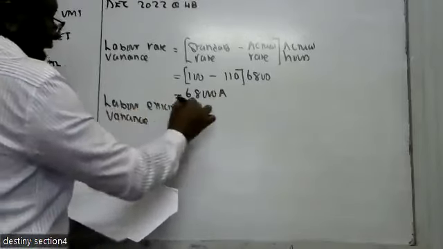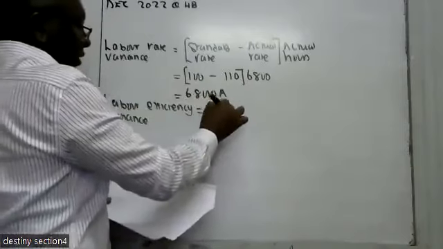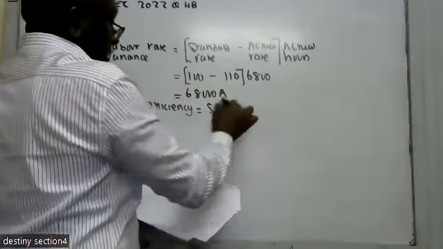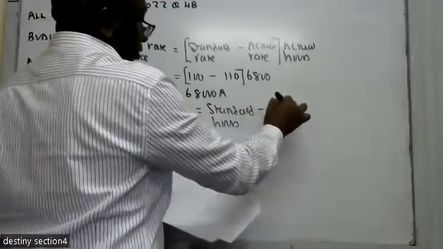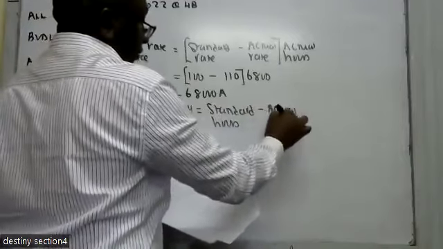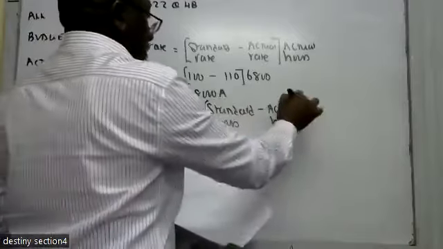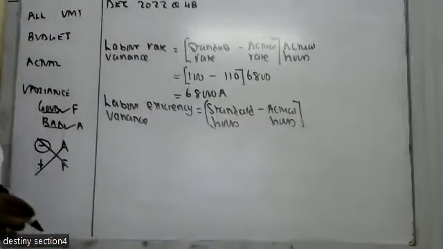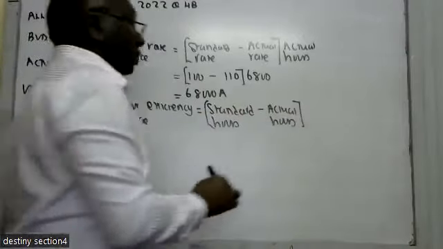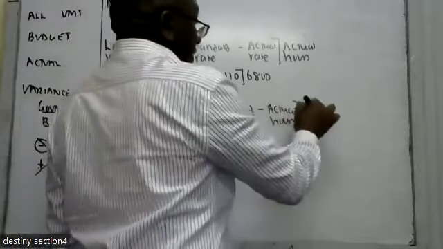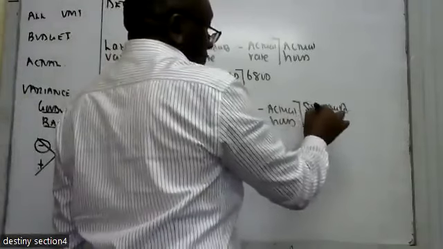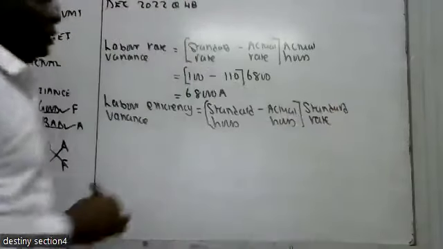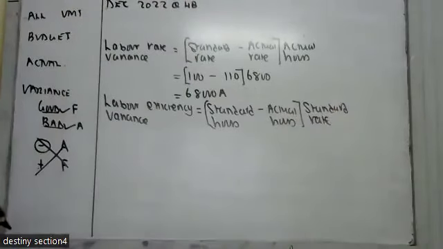Labor efficiency variance is given as standard hours minus actual hours, you multiply by standard rate.